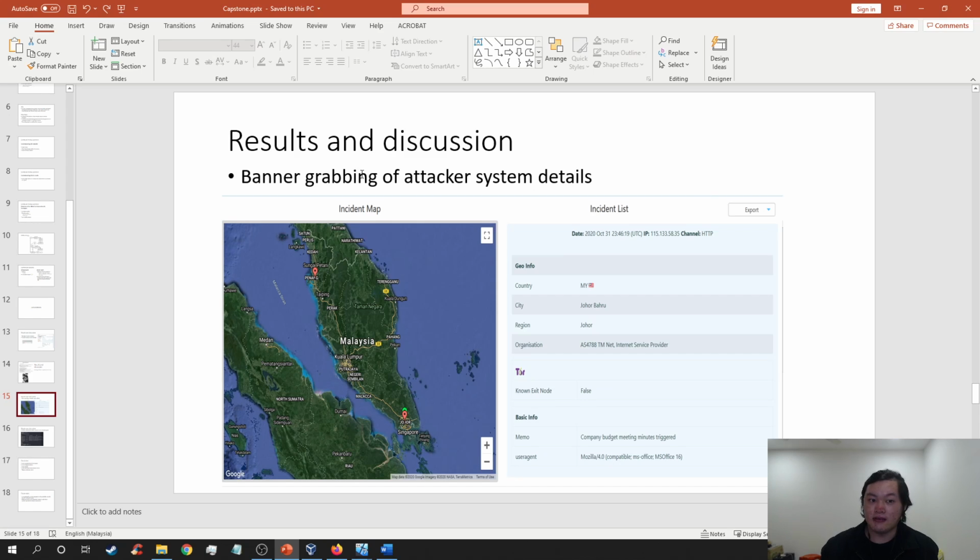Then the next one is the ability to grab information of the attacker system details. So remember all those files that were downloaded by the attacker, they aren't actually normal ordinary files.